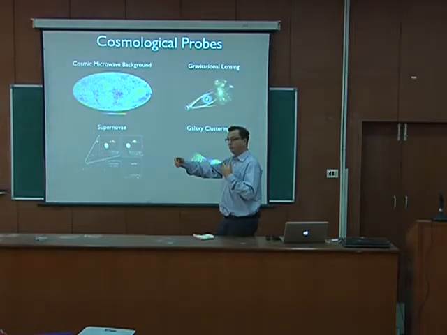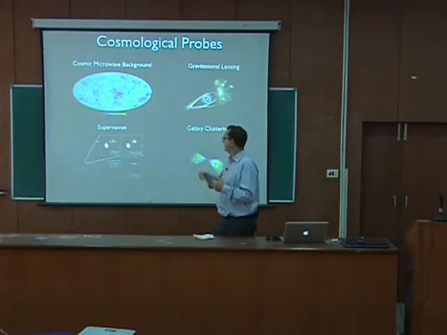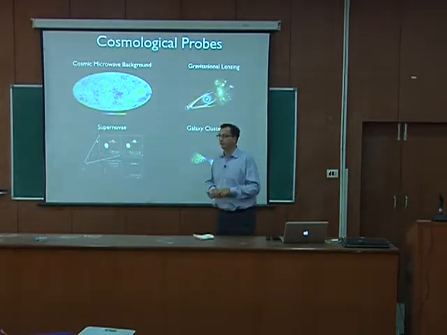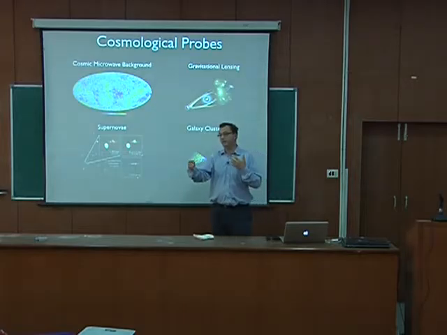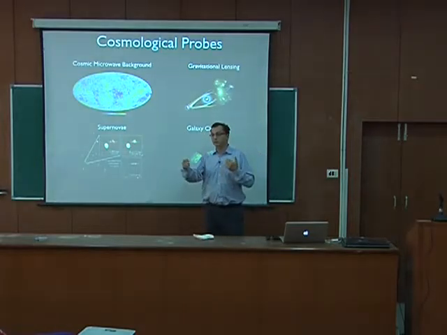And that is sensitive to large-scale structure at relatively low redshift, which are the same structures probed by the weak lensing survey.